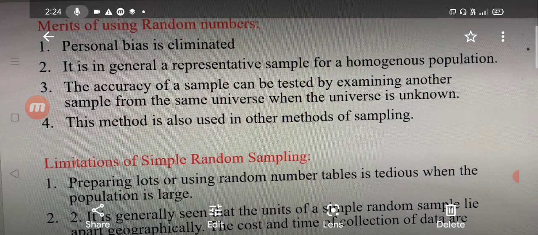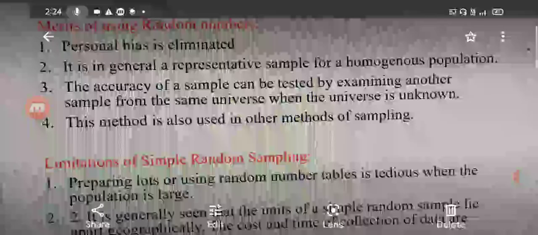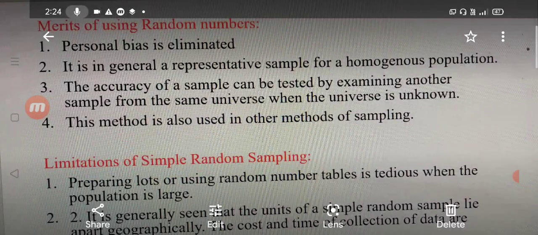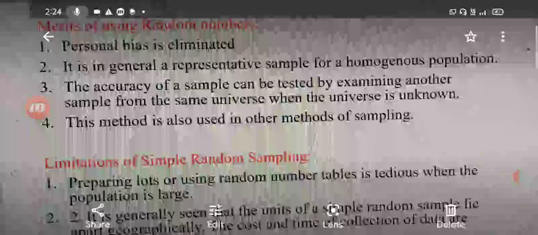And the accuracy of a sample can be tested by examining another sample, and this simple random sampling method is also used in another method of sampling.